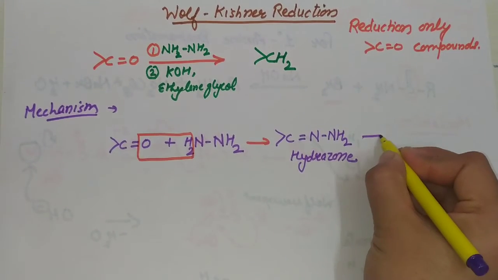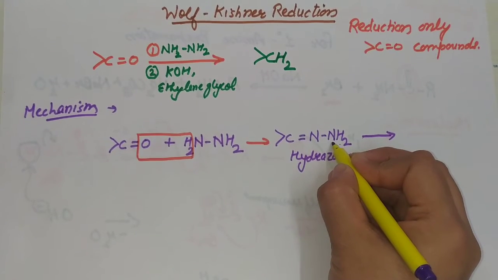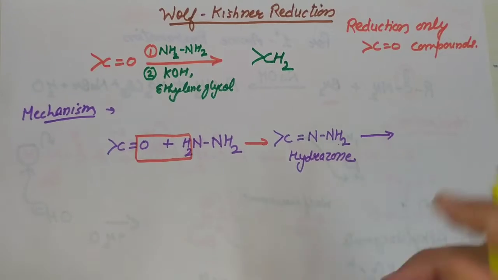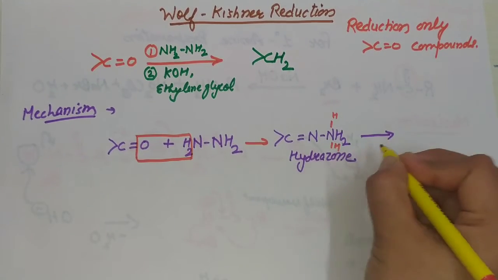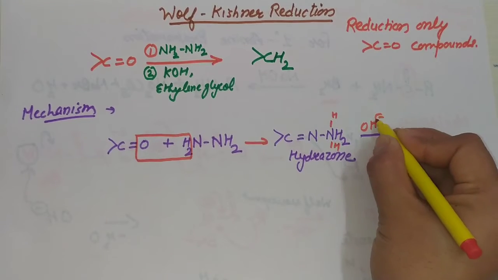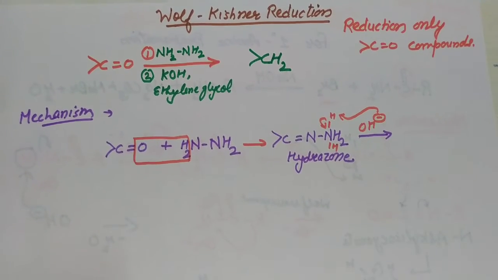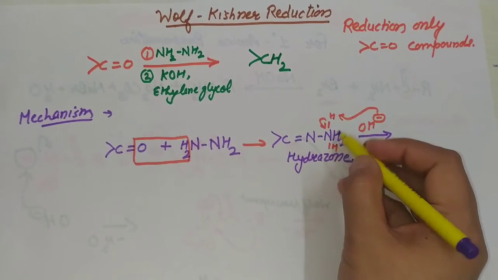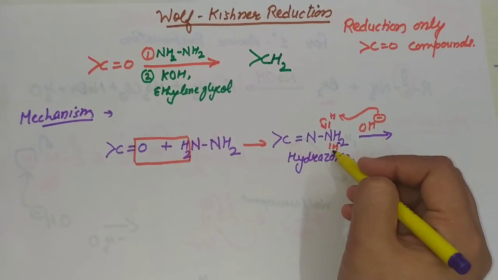After that, these hydrogens are acidic hydrogens because nitrogen is an electronegative element. So the hydroxide ion abstracts this hydrogen, and this bond shifts over there with its electrons, as nitrogen is electronegative. I have written this hydrogen as H, H; don't confuse that there are four hydrogens.